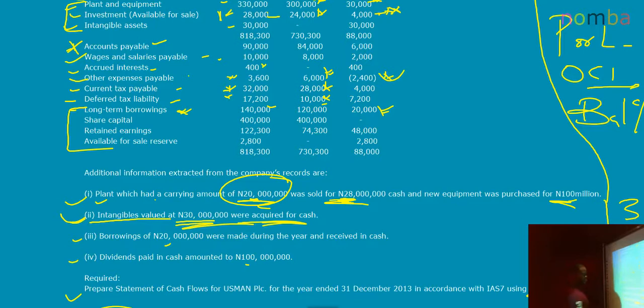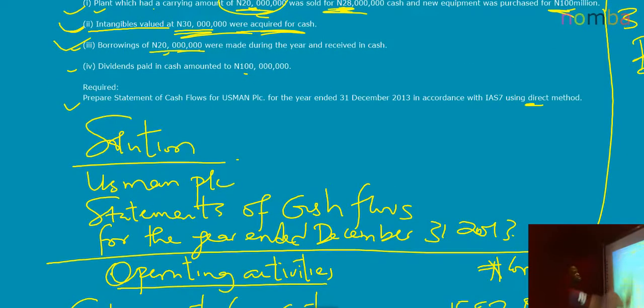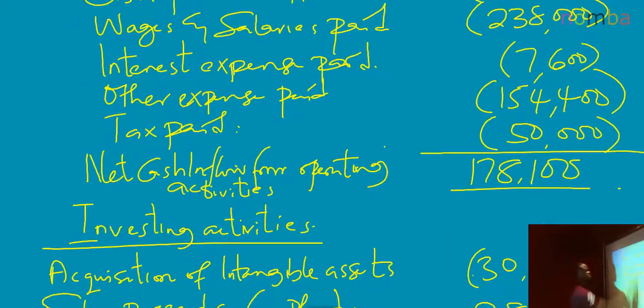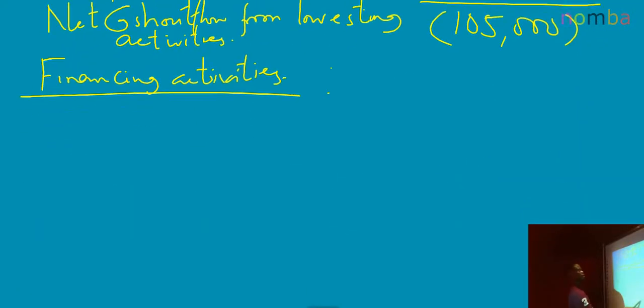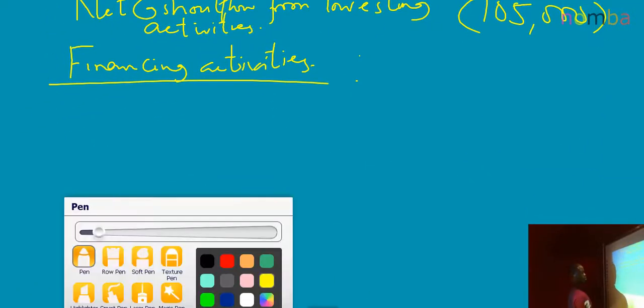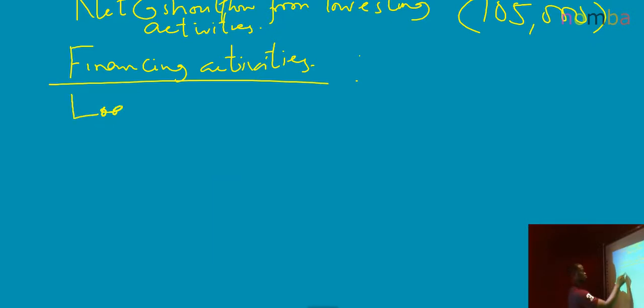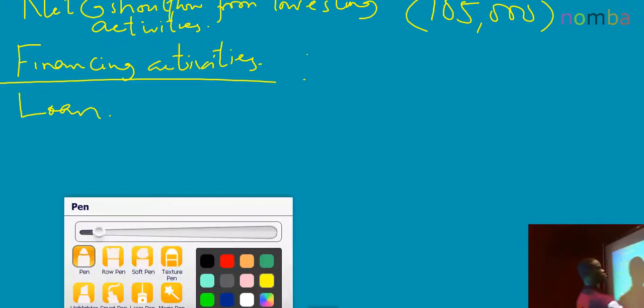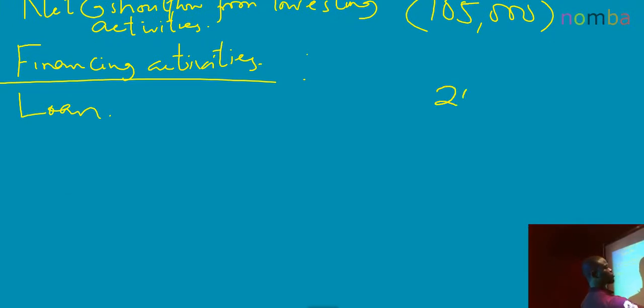And that is confirmed by this additional note 3, that told us that borrowings of 20 million were made. So there is a loan that was obtained, which is 20 million. So I will have a loan as 20 million. It is an inflow because we took a loan.